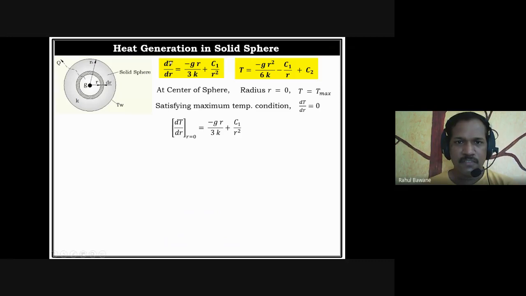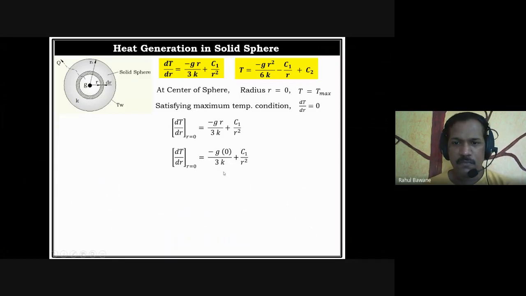So we will use this dT form. dT by dr at r equals 0 is minus g r upon 3k plus c1 upon r square. So we replace r equals 0 and dT by dr equals 0. We are replacing r as 0 in the first term, but we are not replacing r square in the second term, because c1 upon 0, that means anything upon 0, becomes infinity, and we are interested in finding the value of c1.